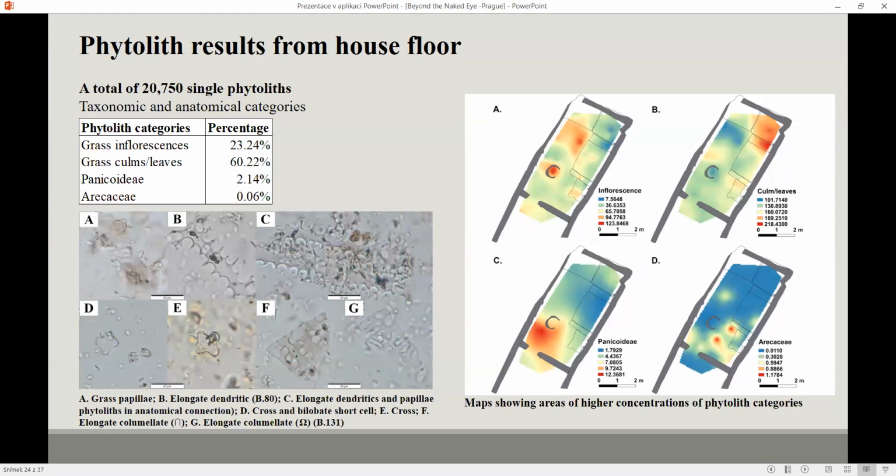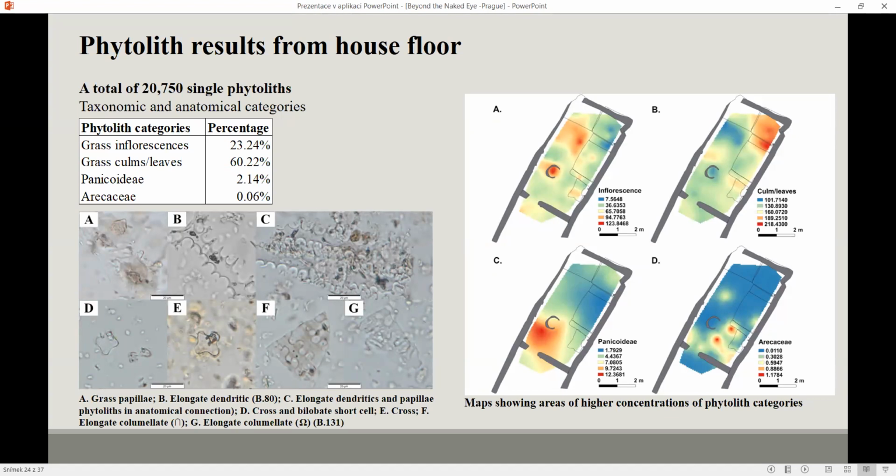Arecaceae are palms. We can see from the spatial analysis that once again, phytoliths from grass inflorescence were concentrated next to the fixed binding installation, and also on the hearth, which is also telling us that there were certain plant processing activities involving cereals in this area of the house.